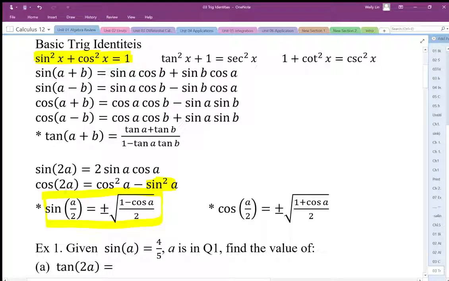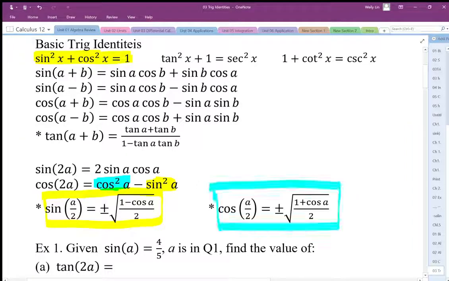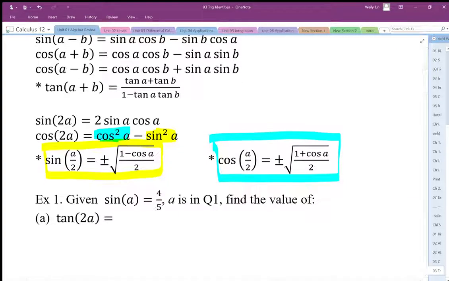So instead of using 2A, we use A, and A becomes half A. The other half angle identity is cosine, this one here, and this one comes from the same equation. So we're going to use an angle A here, and then this becomes half A, and then we rearrange to get that expression for half angle cos. So if you're wondering where these two come from, they actually just come from rearrangements of this identity here.